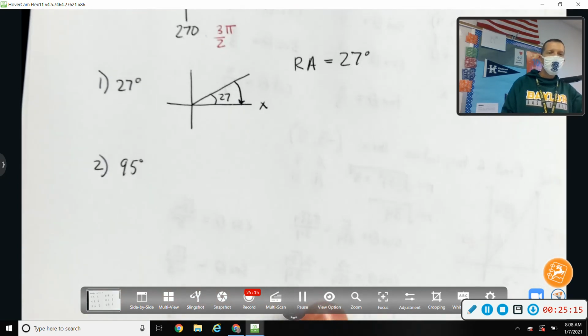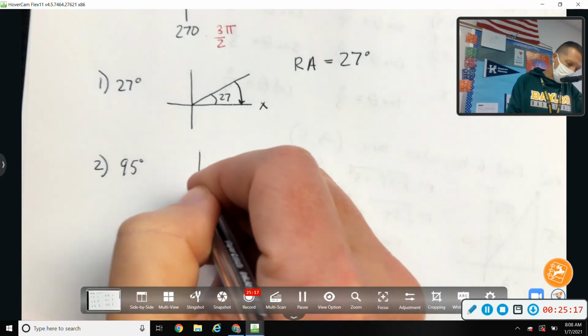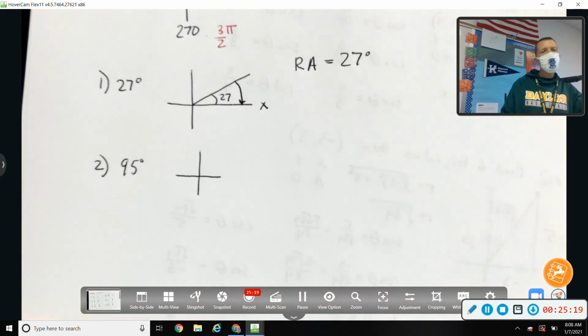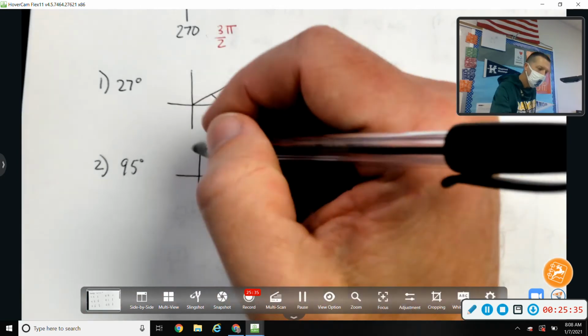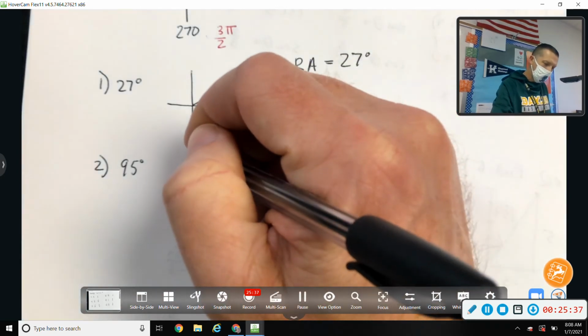Number 2, 95 degrees. For most of us, you're going to want to draw these pictures. If you've done a whole bunch of them, you might be able to start getting these without drawing pictures, but for a while, we're going to want to draw pictures. Let's see, 95. So that's a little bit past 90. Not much past 90, so something like that.